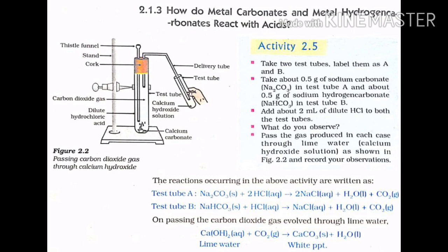Let us learn the action of metal carbonates and metal hydrogen carbonates with acids by an activity. Activity 2.5. Take 2 test tubes, label them as A and B. Take about 0.5 gram of sodium carbonate Na2CO3 in test tube A and about 0.5 gram of sodium hydrogen carbonate in test tube B. Add about 2 ml of dilute HCl to both the test tubes.